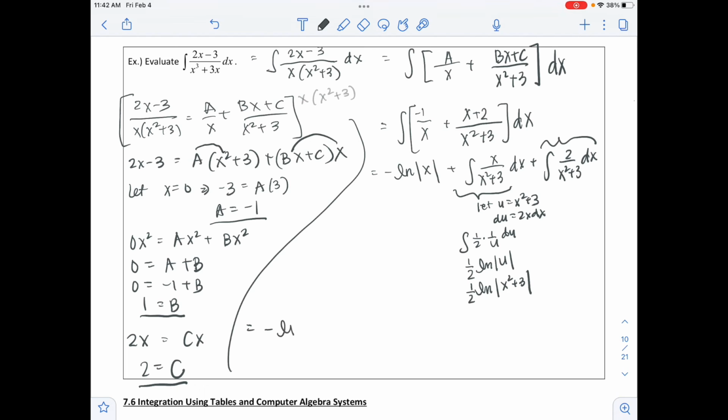So the first term we had was negative ln of the absolute value of x. My second term, when I integrated, was 1/2 the natural log of x squared plus 3.